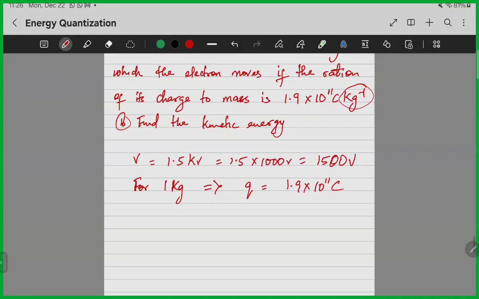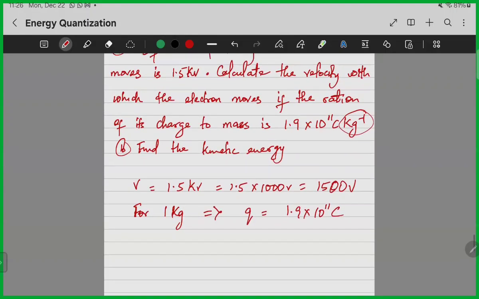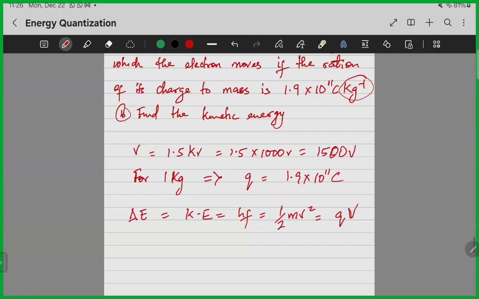So now they're asking us to find the velocity. What do we need to do? Remember this formula that says change in kinetic energy equals hf equals half mv squared equals QV. Here, mv squared involves velocity, while this V is volt.